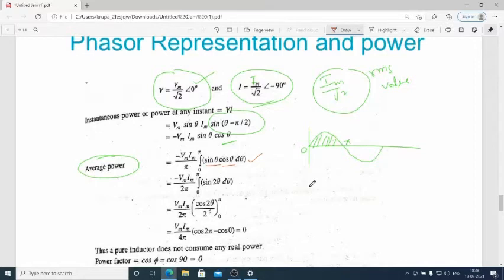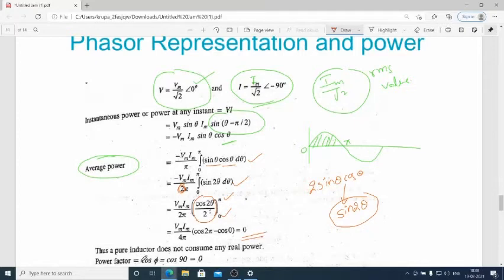Okay, we all know 2 sin theta cos theta is written as sin 2 theta. In order to get this, we multiply numerator and denominator by 2. Okay, so we arrange it like this. On integrating sin 2 theta, we get cos 2 theta upon 2. The limits are 0 to pi. On substituting the limits in this equation, we will get 0.